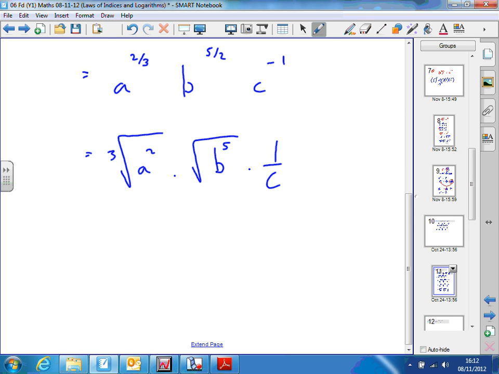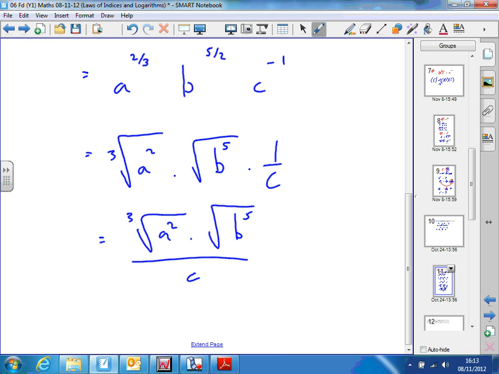Remember we said at the beginning of this course that multiplying by 1 over c is the same as dividing by c. So, finally, I could write that as the cube root of a squared times the square root of b to the 5 over c. And that's worth recognizing because divide by means multiply by 1 over.